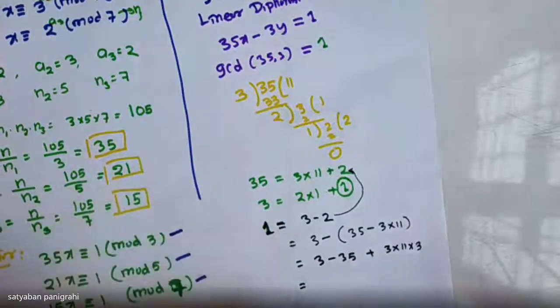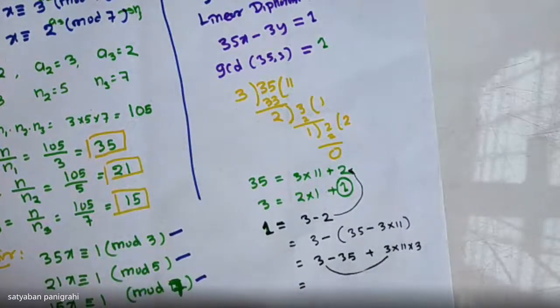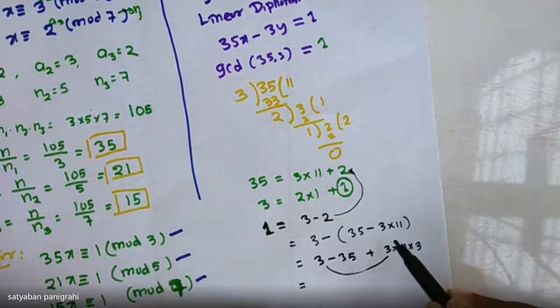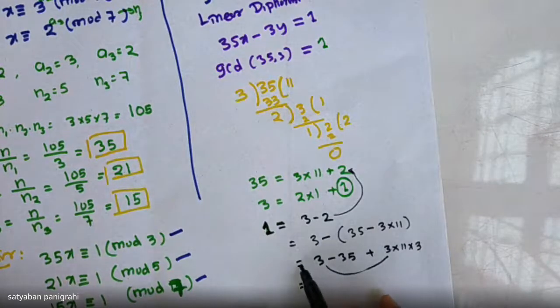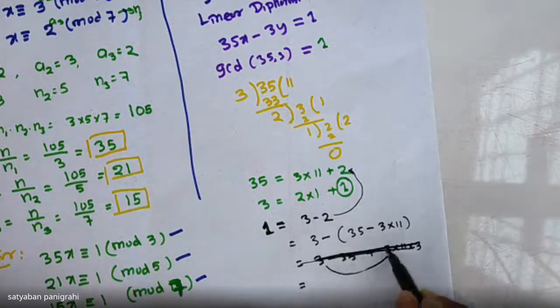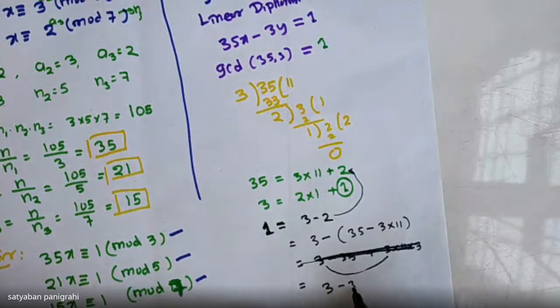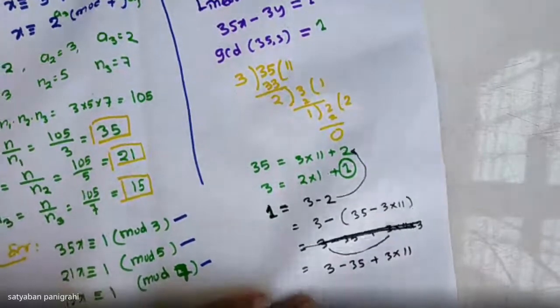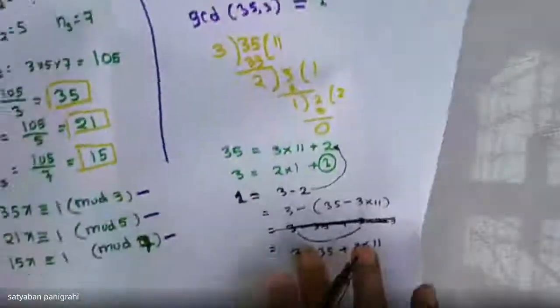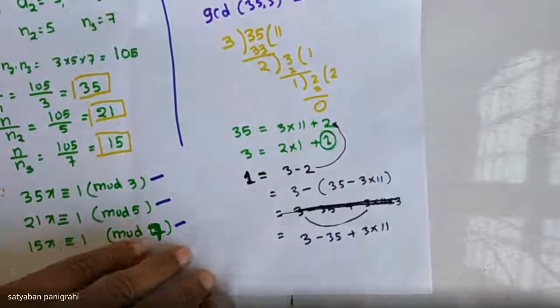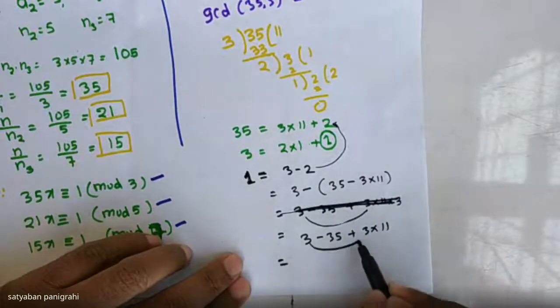Sorry, my mistake. So 3 minus 35 plus 3 into 11.